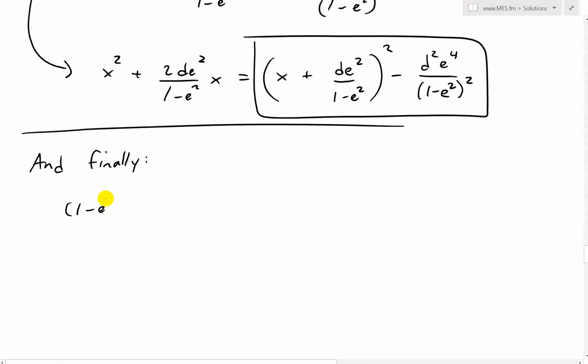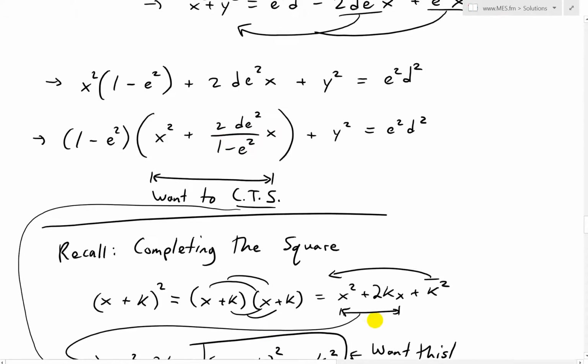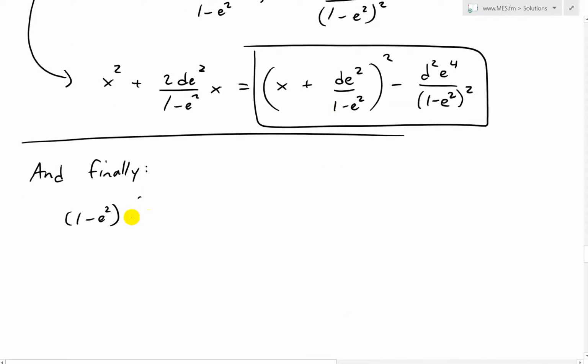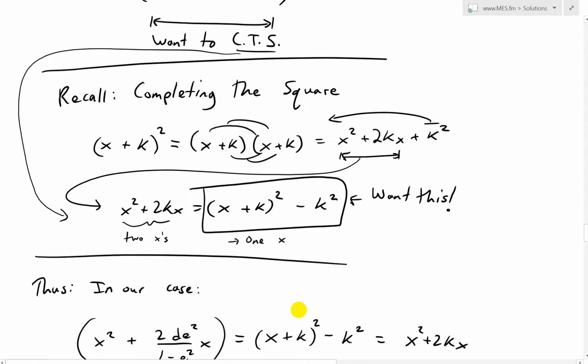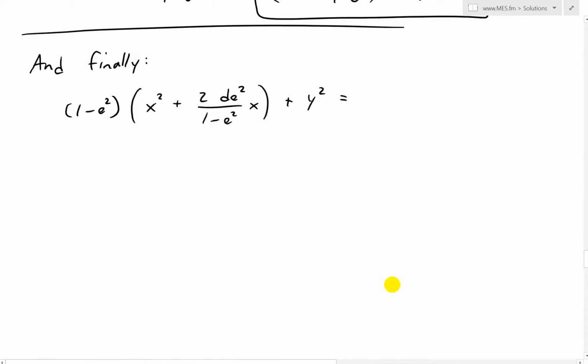So right here, 1 minus e squared x squared, I'll just write this whole thing down. So 1 minus e squared x squared plus 2 d e squared, that's this part, 1 minus e squared x plus y squared is equal to, on the right side, e squared d squared.